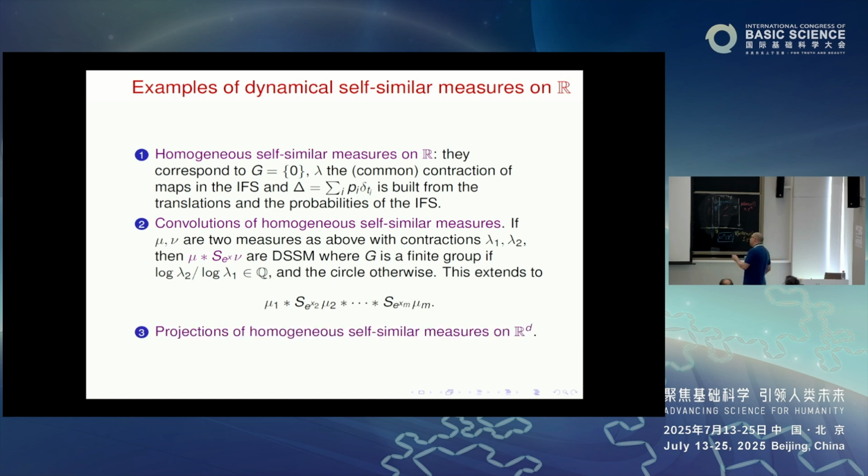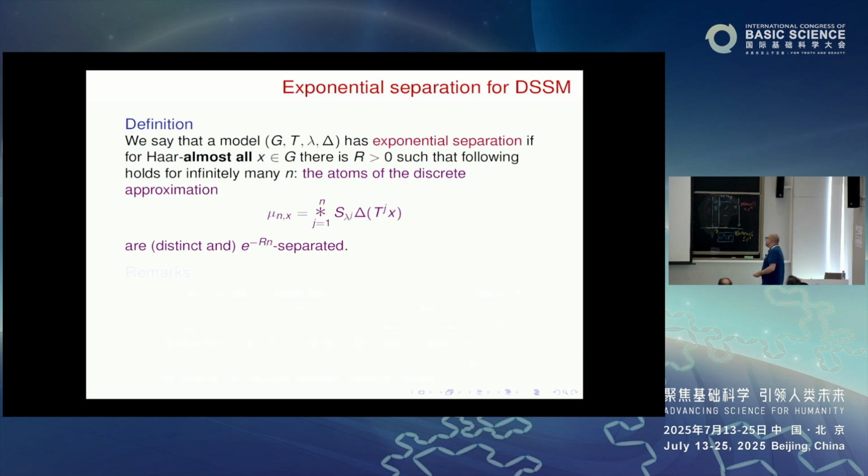Another example that I'm not going to really discuss is if we start with the homogeneous self-similar measure in R2 or Rd, and we project down to R, we also get something which has the same structure. Okay, so the main two examples are the first two ones because they are the ones that correspond to problems 1 and 2 from the beginning.